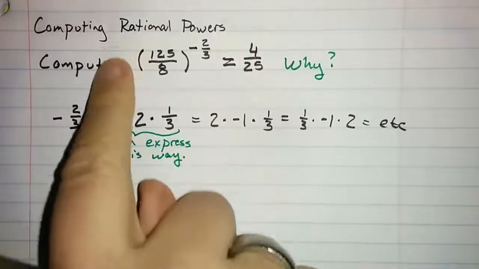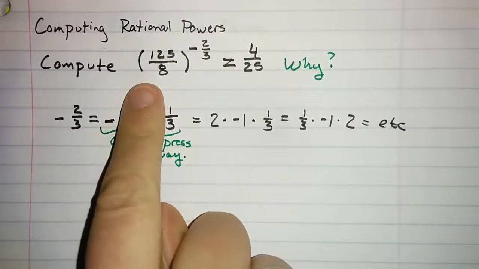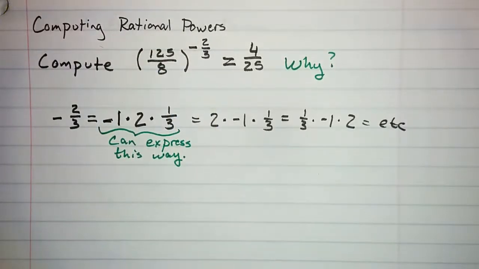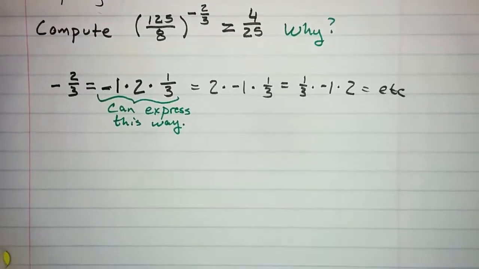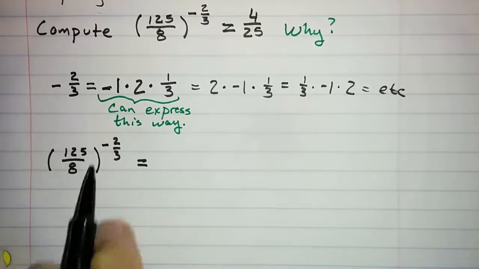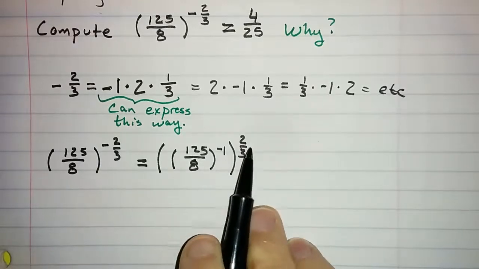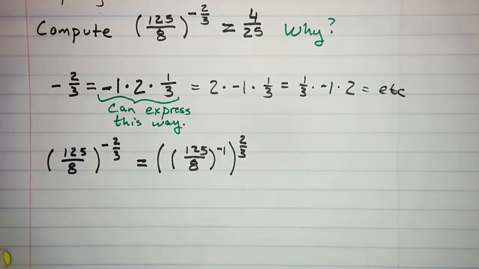The way I'm going to go about computing by hand this power is to use the power of a power rule and compute in 3 stages. Let me show you what I mean. I don't like writing the negative, so I'm going to deal with that first. Negative 2/3 is negative 1 times 2/3.